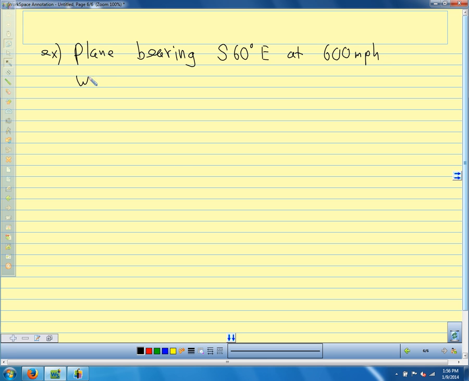And the wind is blowing at north 45 east at 80 miles per hour. We want the resultant speed and direction of the plane.